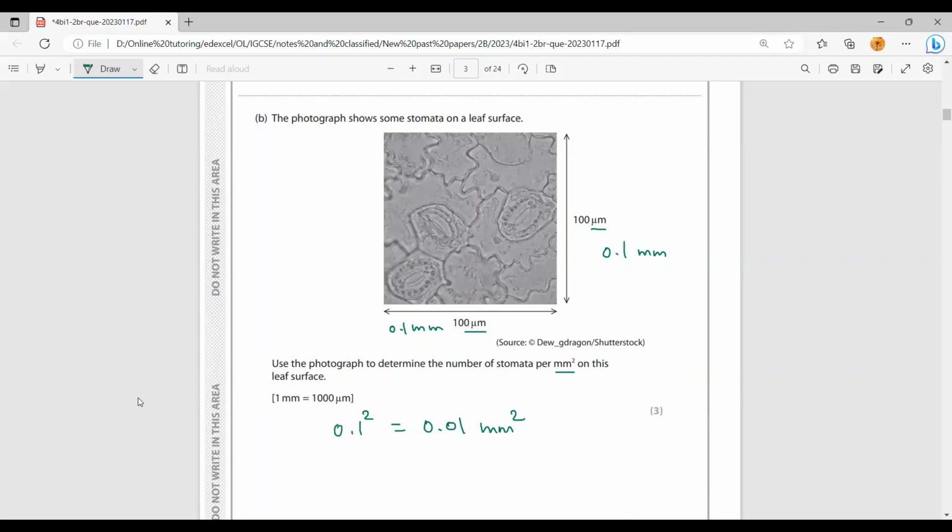So how many stomata? I have here 1, 2 and 3. Okay, and this is in 0.01 millimeter squared of the leaf surface. Of course in all the leaf, what will it be?